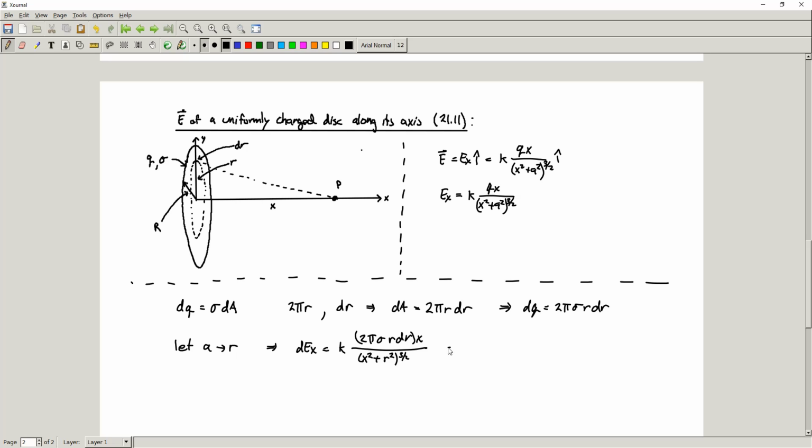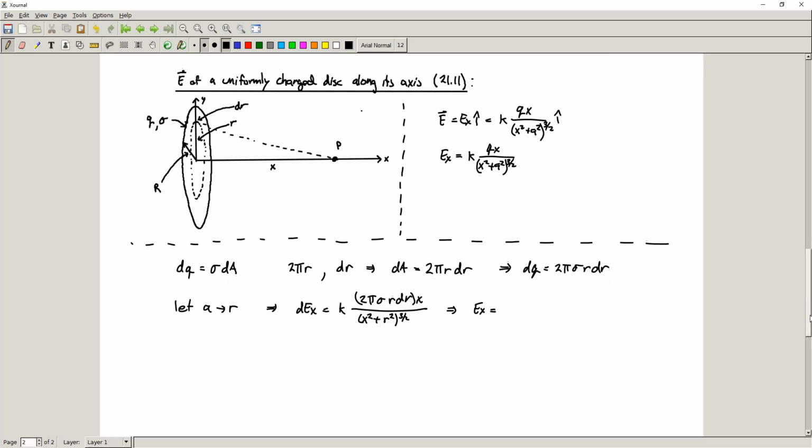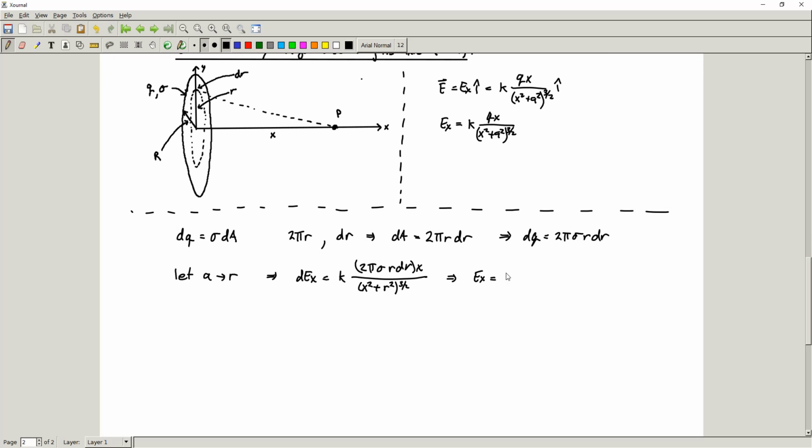What we want to do is solve the integral for Ex, and I'm going to factor out everything that flows through the integral here. We're going to have 2 pi sigma x k, and we're going to be integrating from 0 out to r, right? And why are we doing that?